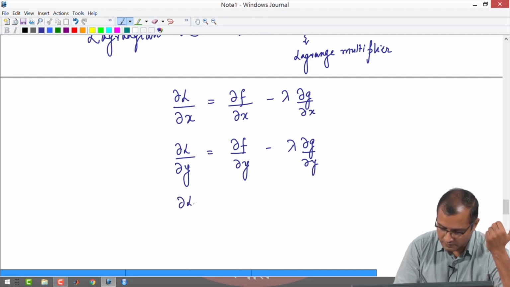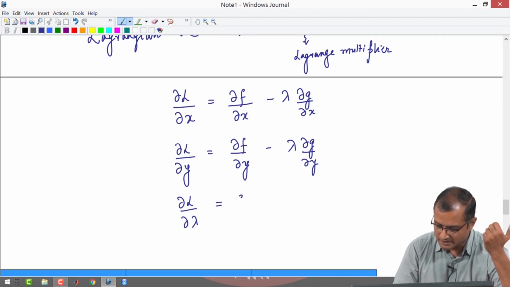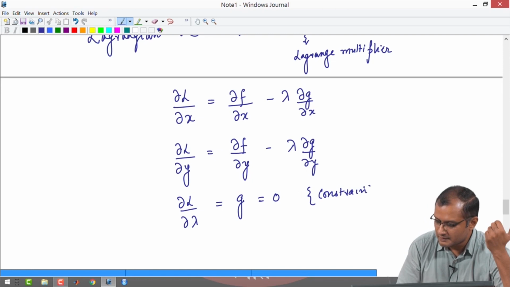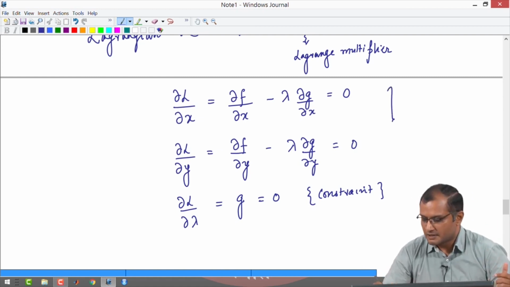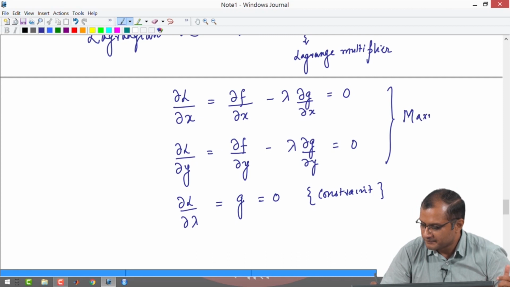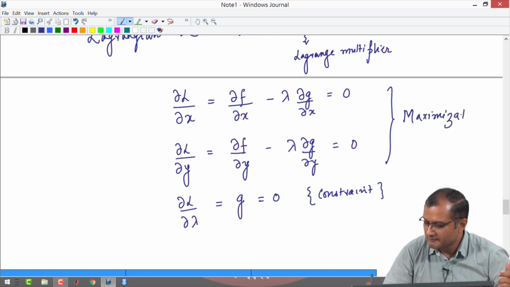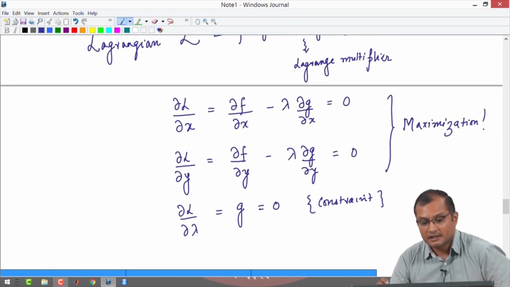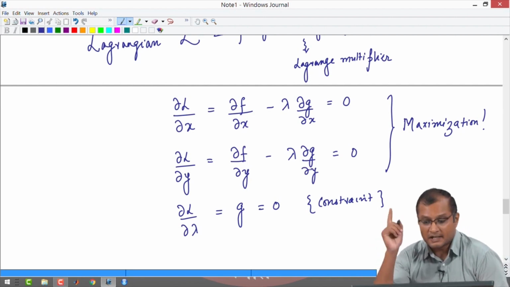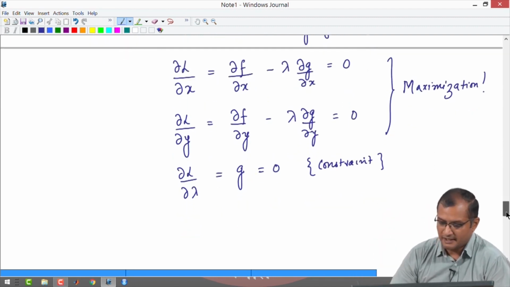Naturally I can also take derivative with respect to lambda, which in this case will just give me g, which is 0, and that is my constraint. Okay. The derivatives with respect to x and y are also 0, because that is the condition for maximization of L. So, the values of x and y that give me these derivatives as 0 are the values that maximize f. Okay.